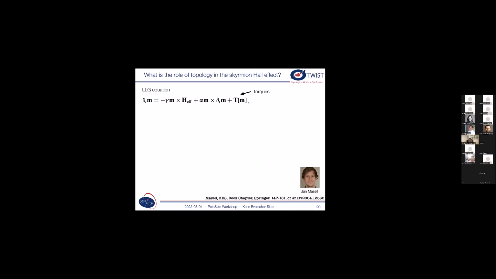And what we have here in the end are torques, and very famous ones are spin transfer torques and spin orbit torques. If you just compare these two terms, then you see that spin transfer torques are acting only when you have a gradient in the magnetization, meaning that they only apply to magnetic structures. Spin orbit torques, however, don't need this gradient, so they would also act on uniform magnetic structures, like ferromagnetic ones. So let's start with spin transfer torques.